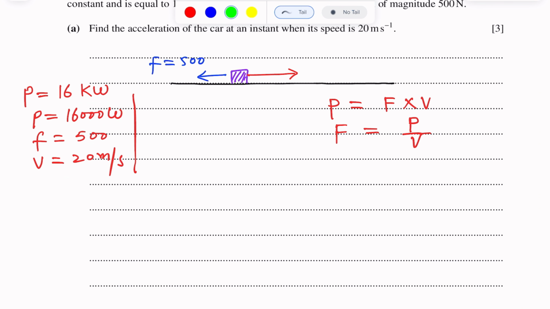So 16,000 over 20 gives the driving force. So driving force will be P over V.